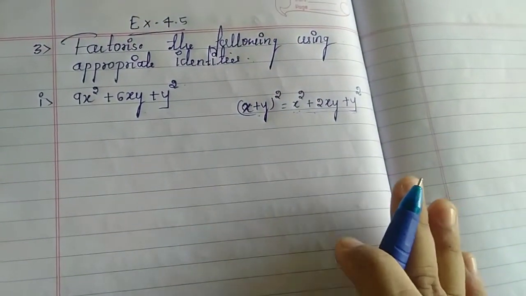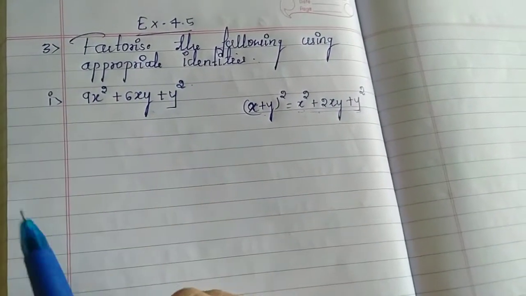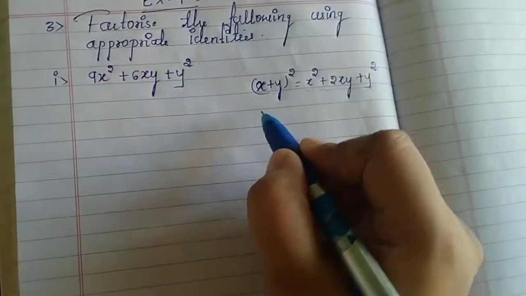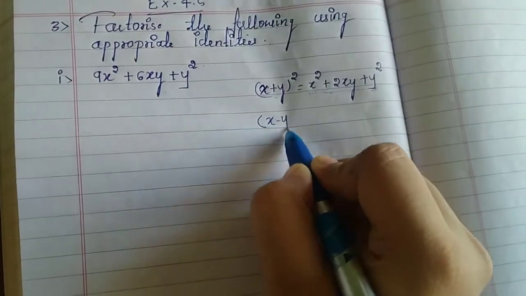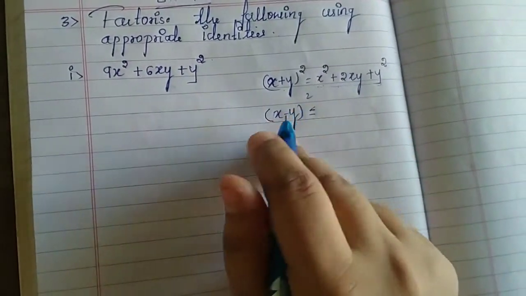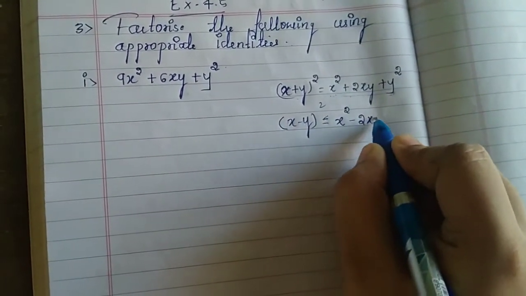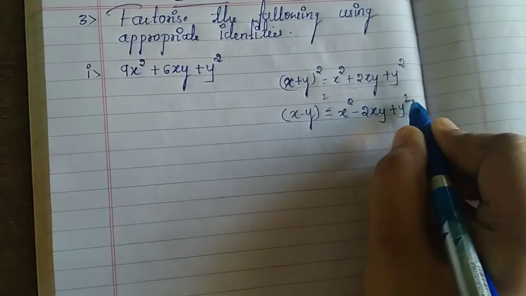So first thing is what you know. Whenever three terms come over here, you have to guess. It may be the x plus y whole square identity, or it may be the x minus y whole square identity, x square minus 2xy plus y square.